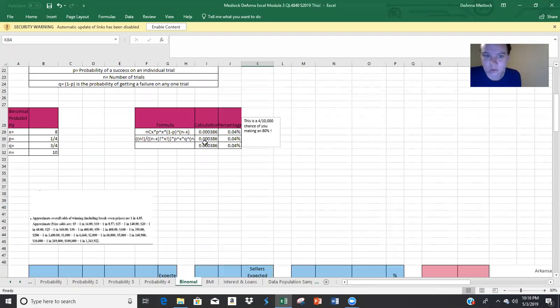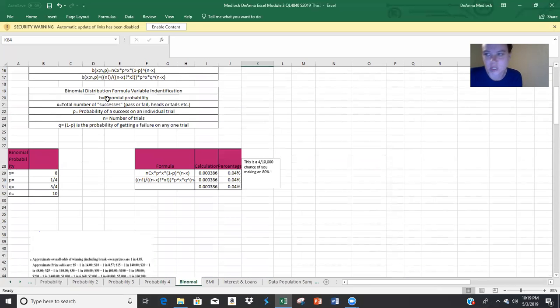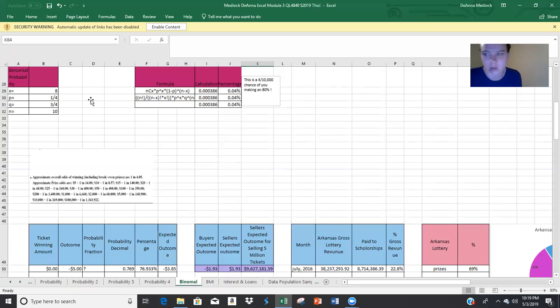We used both of our formulas here and got 4%, which is a 4 out of 10,000 chance of you making an 80% overall on the quiz if you didn't study and just randomly guessed every answer.